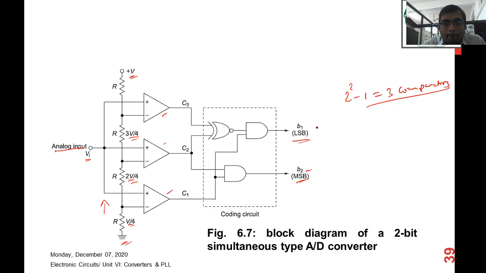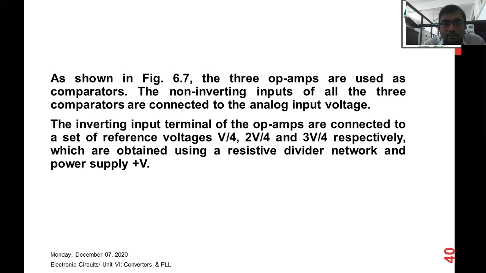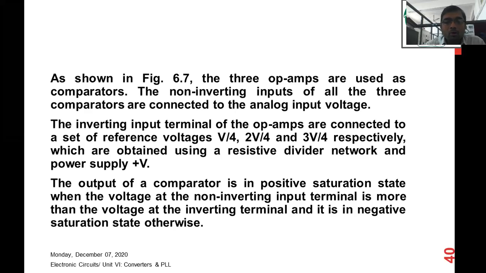Now, if you see the description of this 2-bit flash type A to D converter, you will find that the inverting input terminals of the op-amps are connected to the set of reference voltages V upon 4, 2V upon 4, 3V upon 4, coming from the resistive dividing network of the power supply plus V. The output of a comparator is in positive saturation state when the voltage at the non-inverting input terminal is more than the voltage at the inverting terminal.